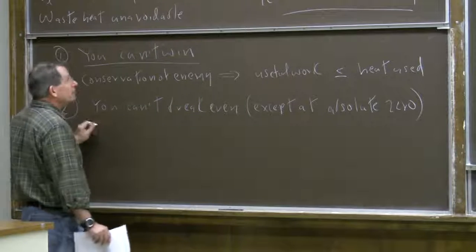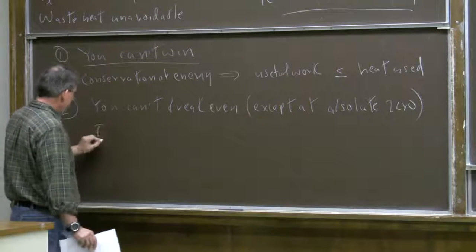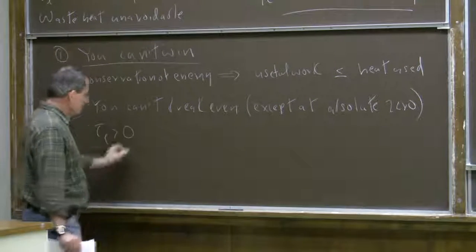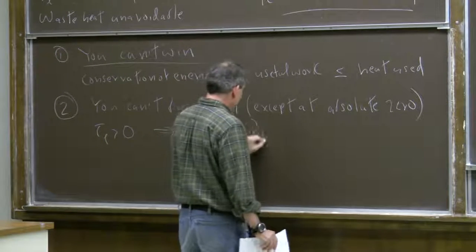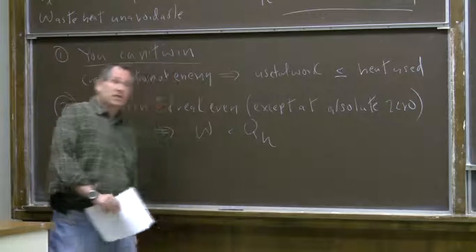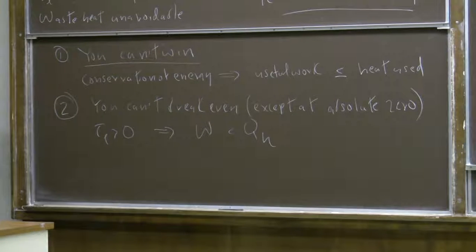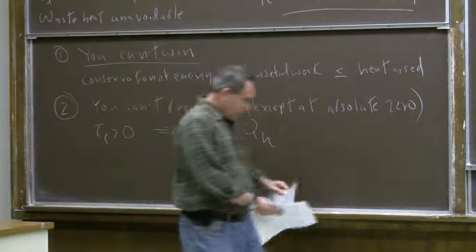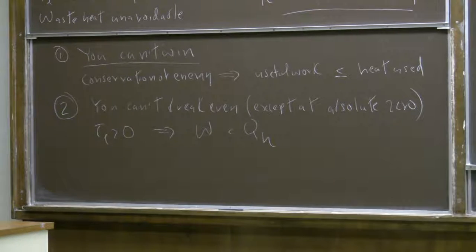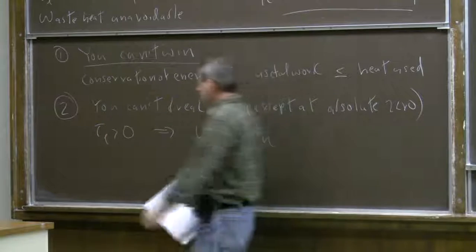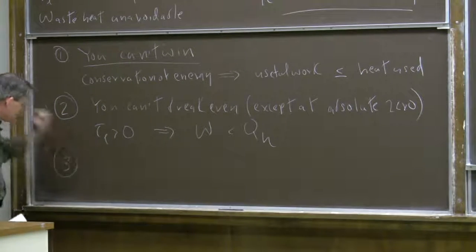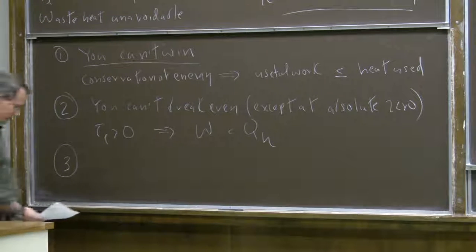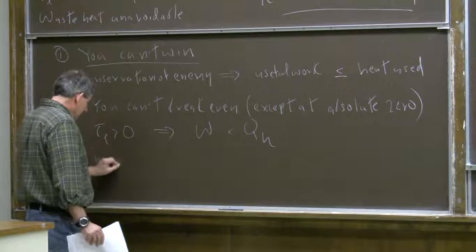In other words, if the low temperature reservoir has a positive temperature, as I just said, then the work done is strictly less than the amount of heat taken in. There's inevitably waste heat in a closed reversible cycle. Of course, there's always the hope that you can work at absolute zero and break even, and that's the purpose of the third law, is to dispel that moment of optimism. It says you can't get to absolute zero.